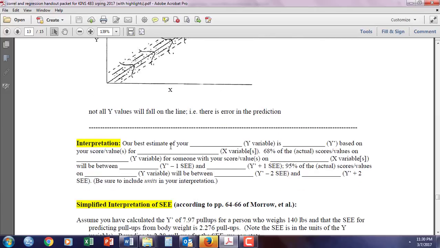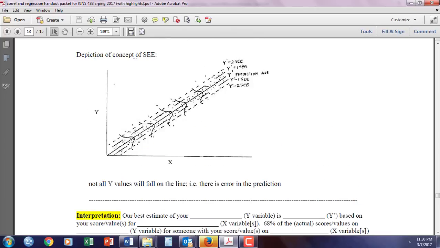So not all y values will fall on the line. There is error in prediction. That error in prediction is indicated by the standard error of the estimate. You take your predicted score, you go minus 1 standard error and plus 1 standard error around that prediction, and you've now captured about 68%, or 2/3, of the actual scores.